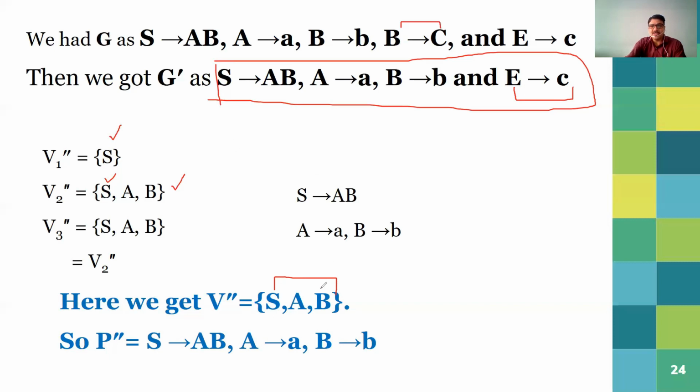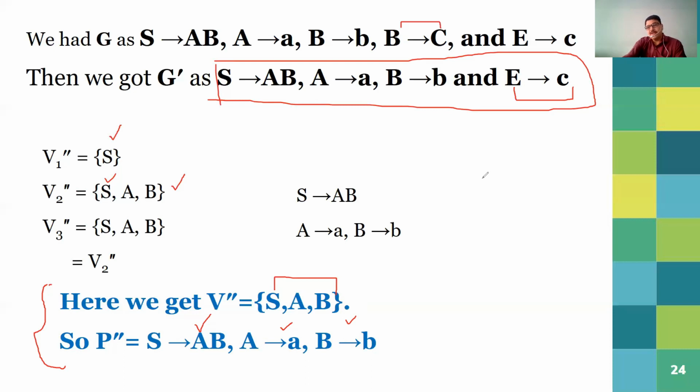A and B both are present, so it is finalized. A to a and B to b are terminals. Just write here A to a and B to b, and E to C should not be included because E is not a member of this set. So finally, after applying step 2 or theorem 2, we can find the reduced grammar.